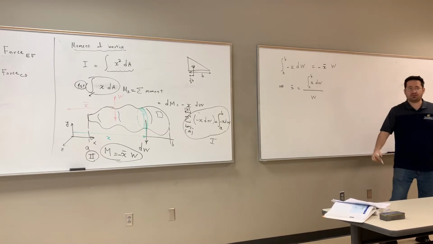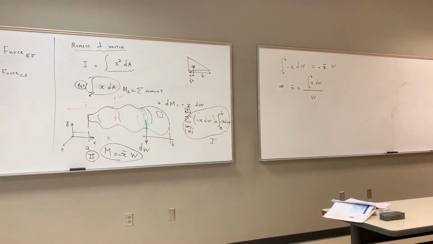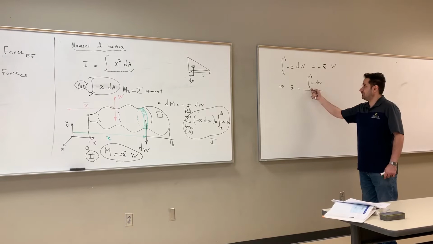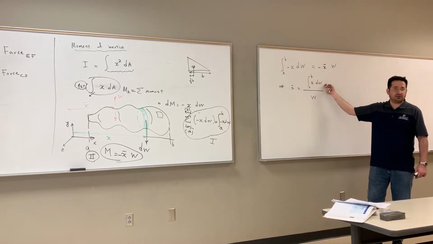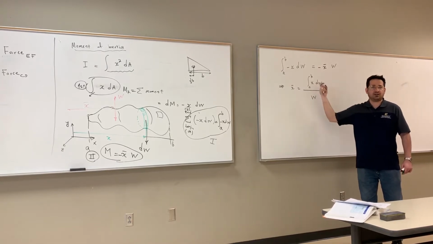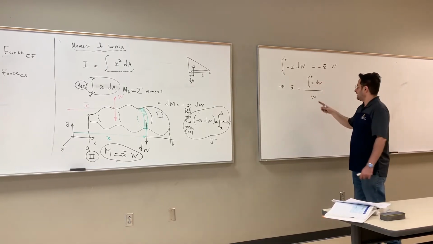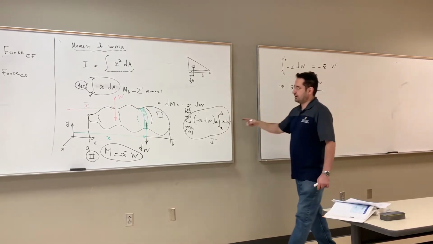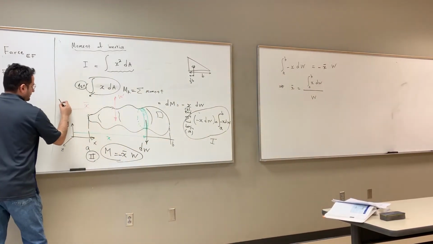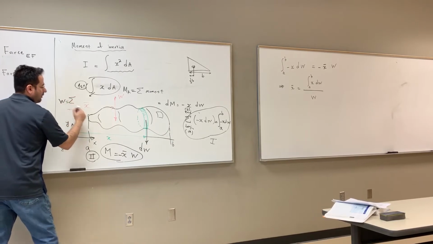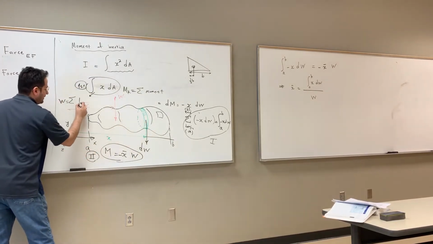That's it. That's a formula, in fact, that tells you where the centroid is, the location of the centroid. So if you can evaluate this integral, this is a calculus 2 problem. If you can evaluate the integral over the object, then you get the centroid. So let's talk about the weight. We agree that the weight of this object is the sum of all these infinitesimal weights, dW's.